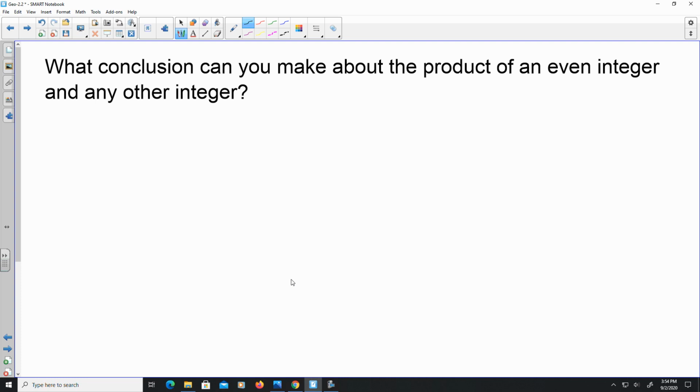Here it says, what conclusion can you make about the product of an even integer and any other integer? A lot of times when you want to use deductive reasoning, you've got to use variables, but let's look at some inductive reasoning.